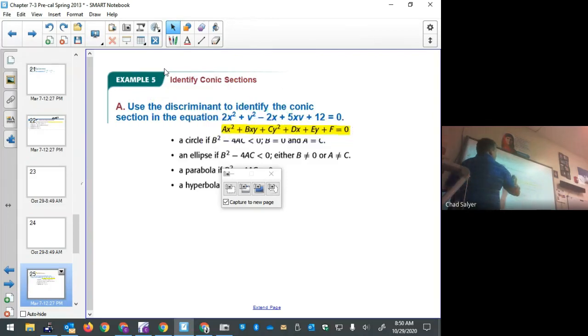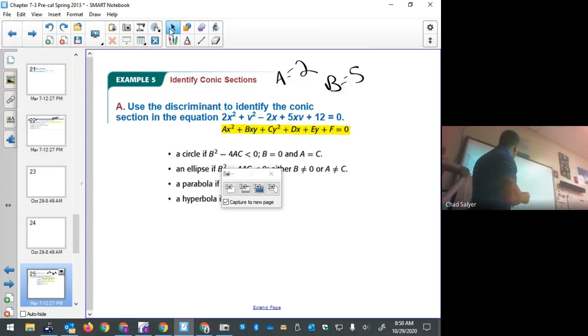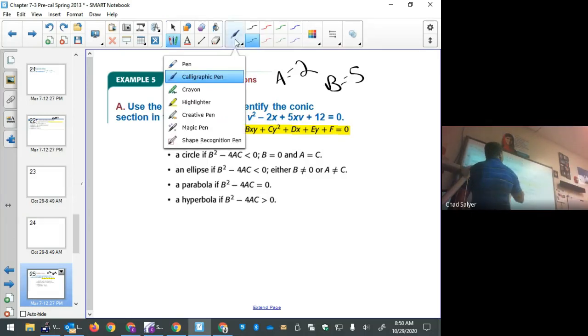Okay, so what I see is A equals 2. And then B, well, I've got X and B instead of X and Y, but that doesn't matter. It's whatever the two variables are. Where they're multiplied together is my B. And so B in this case equals 5. And I need C as well. So let's see here.